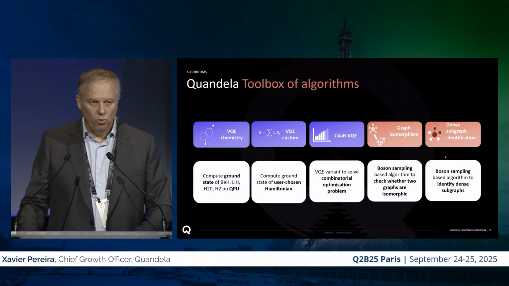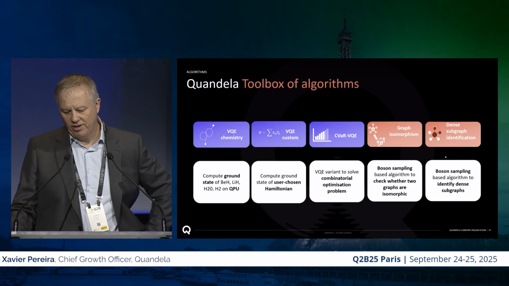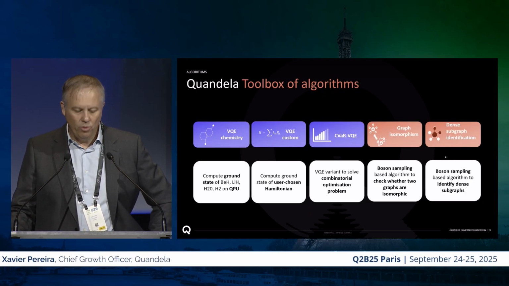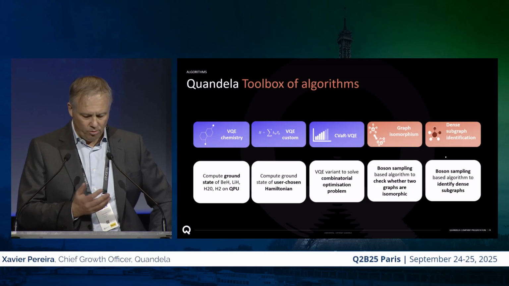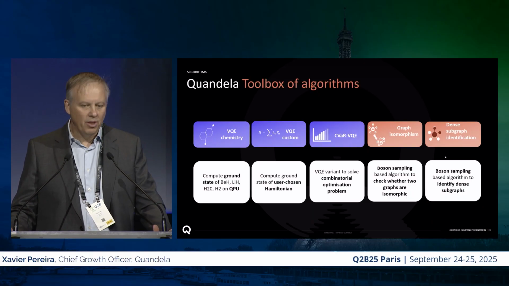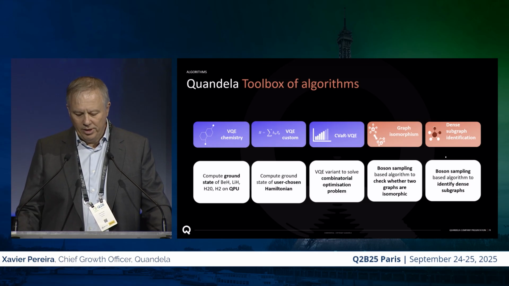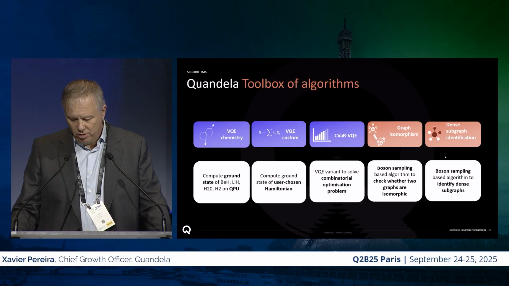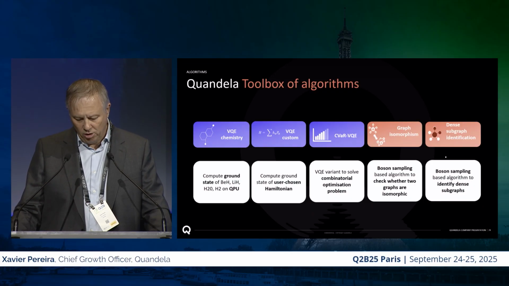So what's the goal today? Once we established at Quandela our full-stack platform, our next step was to provide application-native algorithms, what we call the Quandela toolbox. In quantum chemistry, for example, we have a primitive called variational quantum eigensolver, methods that allow us to calculate the ground state of molecules.